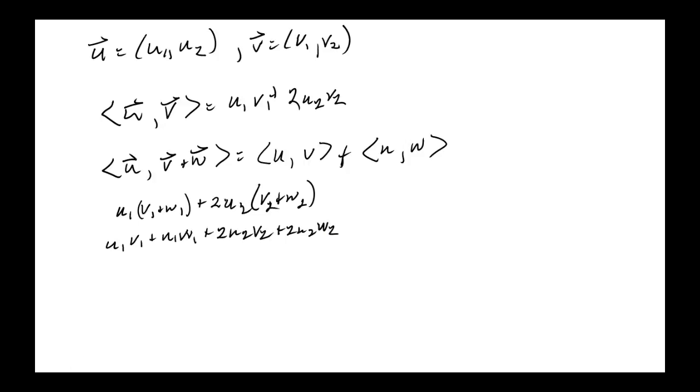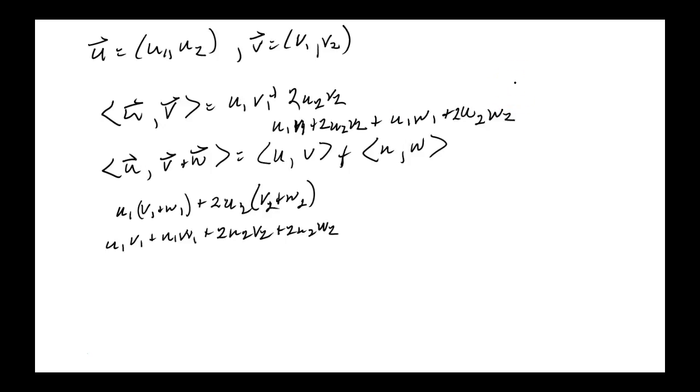If U, V, and W are all two-dimensional vectors in R2, then this would be what it was. Now over here, this would be U1 V1 plus 2U2 V2 plus U1 W1 plus 2U2 W2.